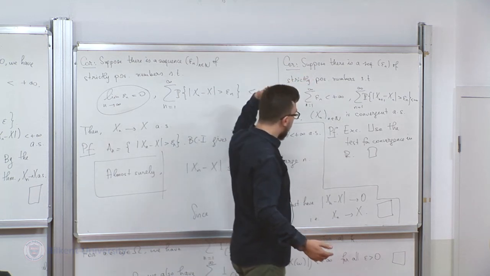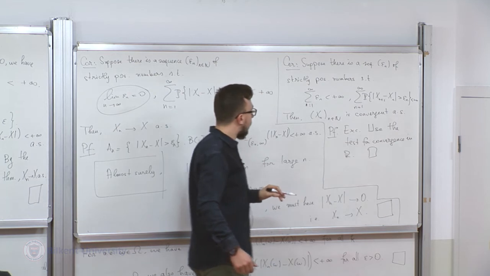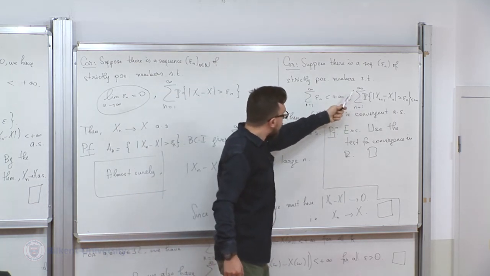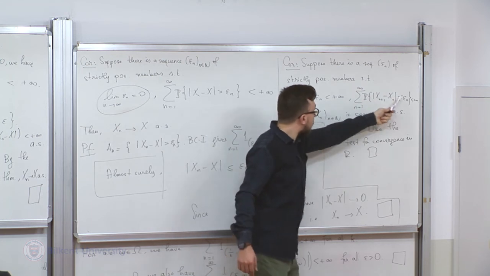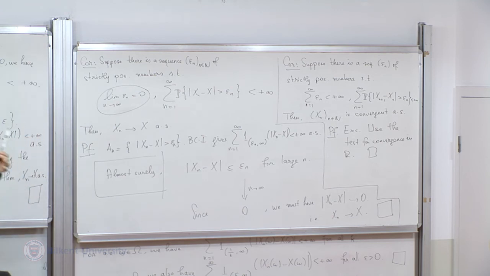Now, this is a combination of that test for convergence with Borel-Cantelli. The application of Borel-Cantelli to this is going to give you exactly the sufficient condition appearing in that test for convergence. Okay.